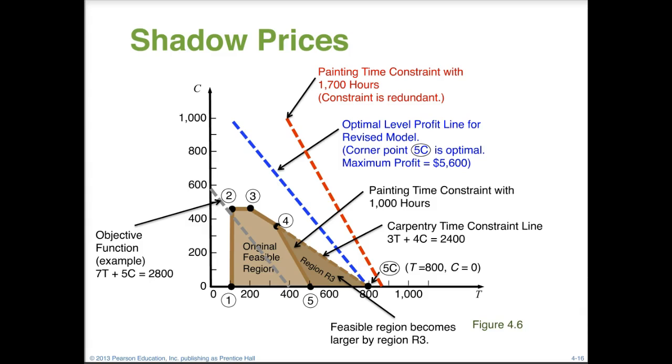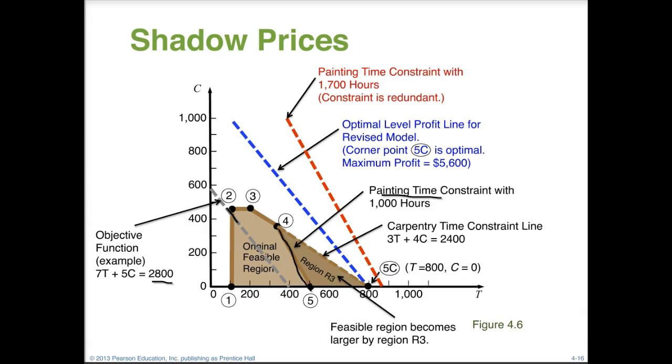So if we look here, you see how this is the original objective function that we're talking about with standard profit here of 2,800.